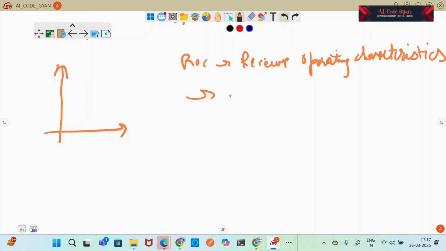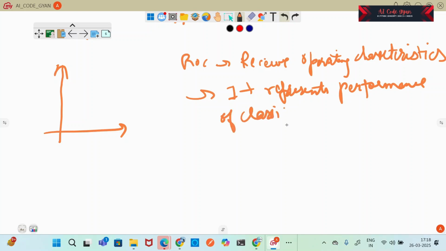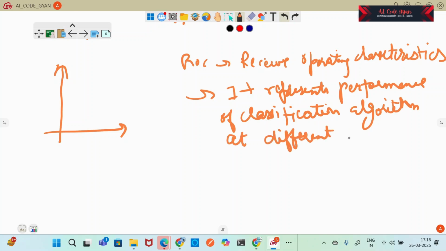It represents the performance of a classification algorithm at different thresholds. Let us see the curve.